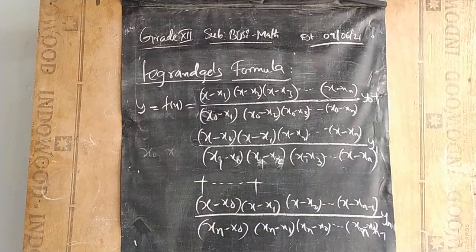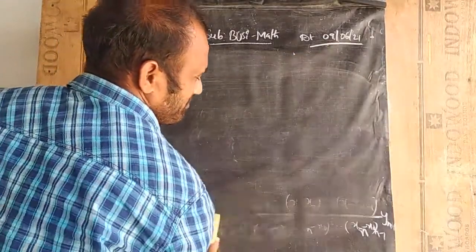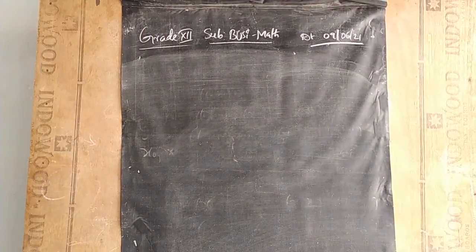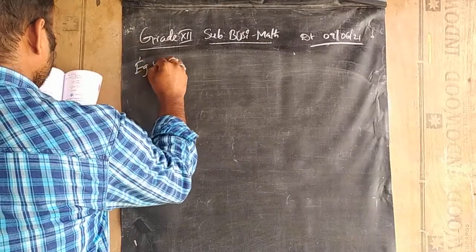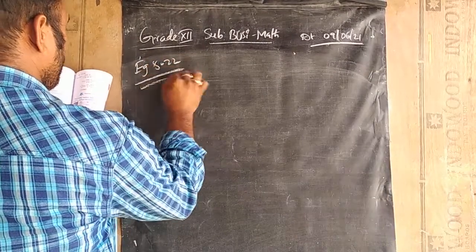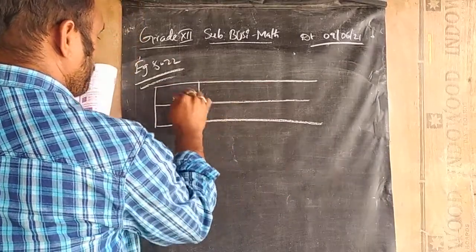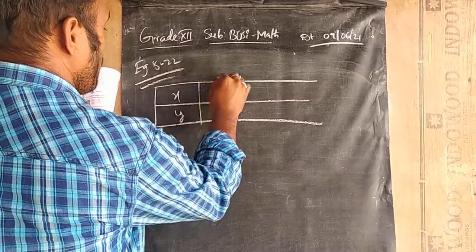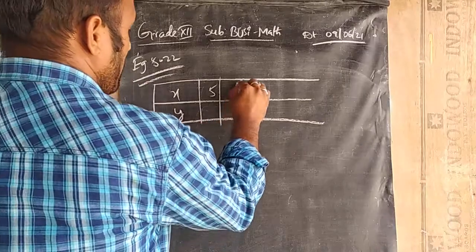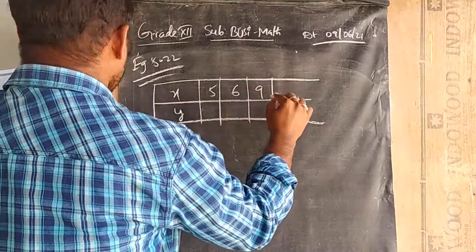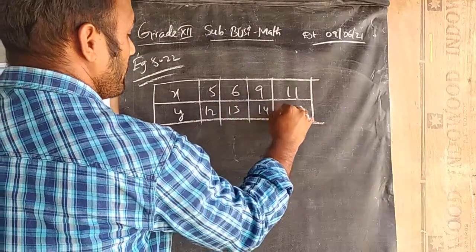So we will be solving one question based on this formula. See here, example 5.22. x values are 5, 6, 9, 11, and y values are 12, 13, 14 and 16.